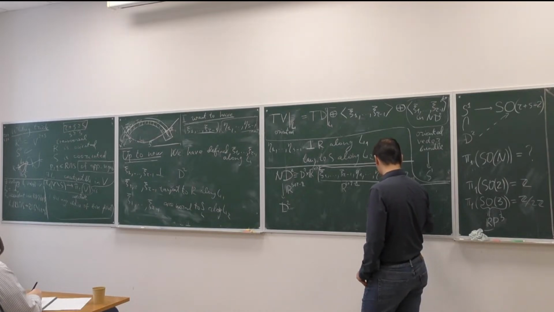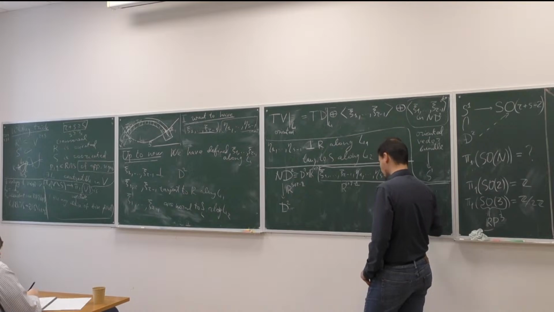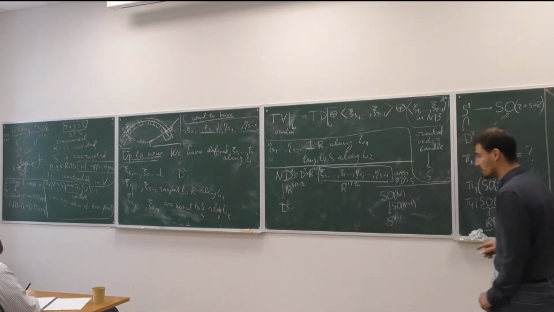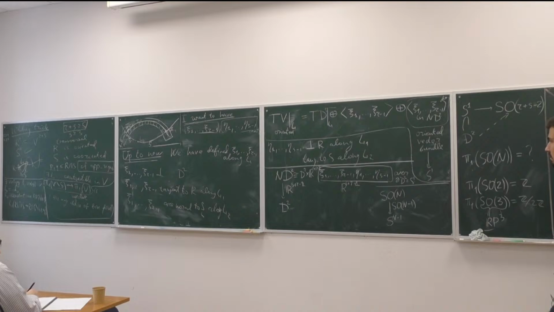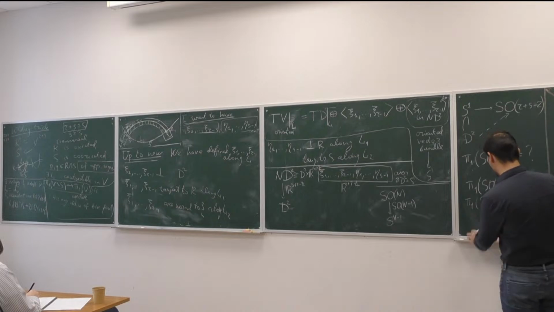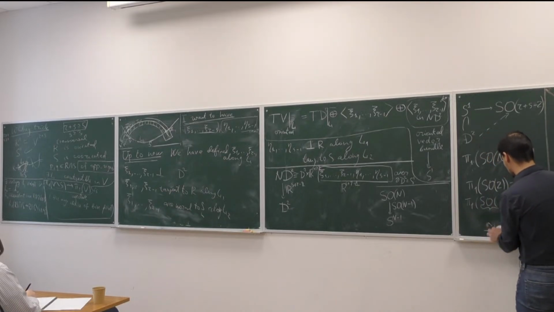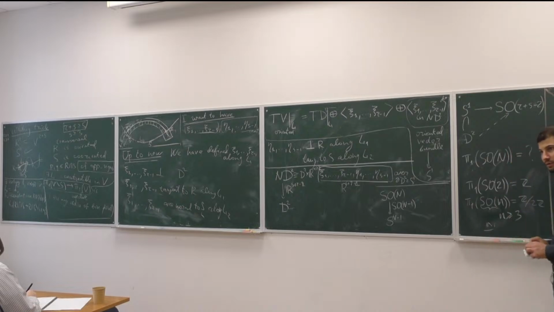The fiber is SO(n minus 1). And it is a good exercise to write down the exact homotopy sequence for this fibration, and to obtain that the same answer, Z over 2Z, is true for all n greater than or equal to 3.